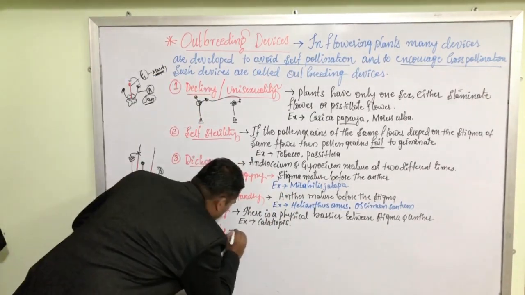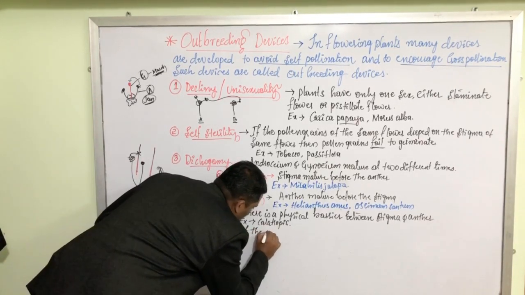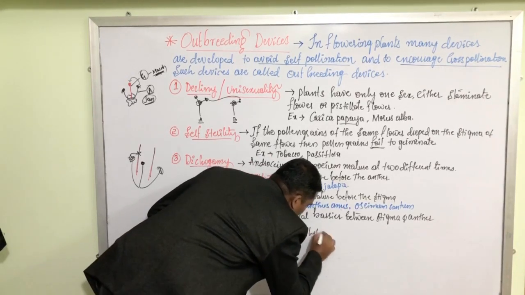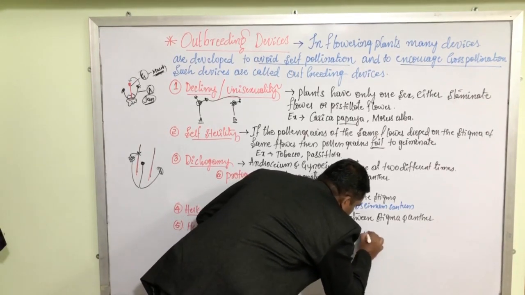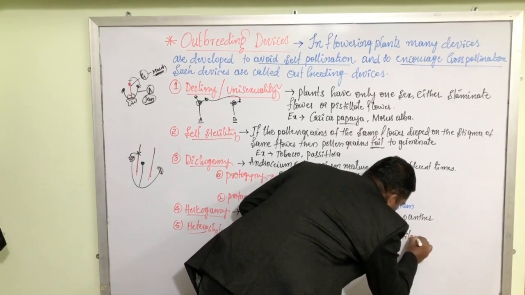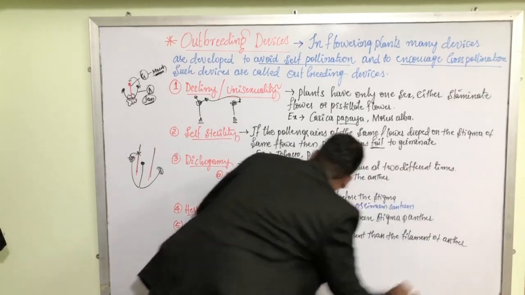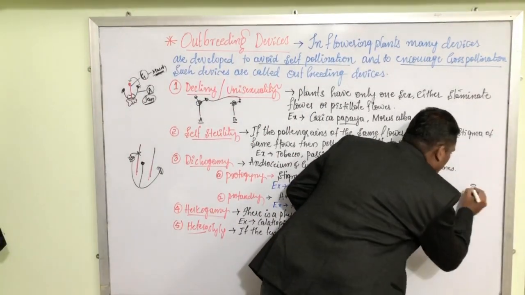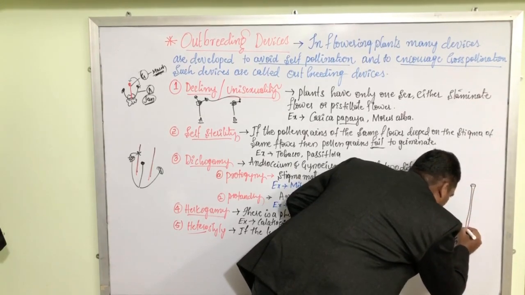Here, for example, this is the stigma and this is the style. The style in this flower is very, very long.